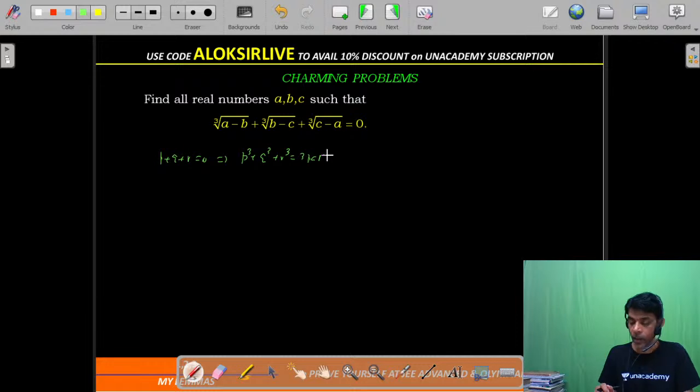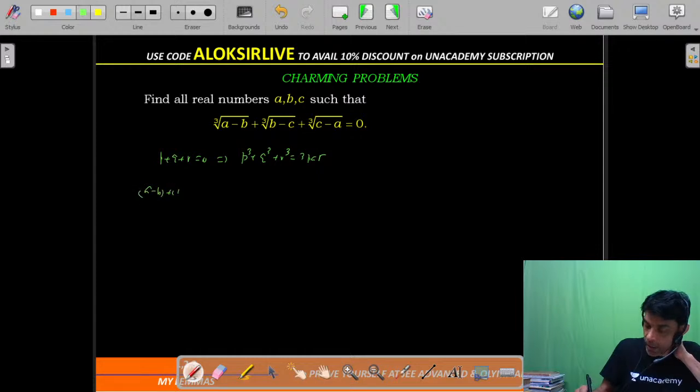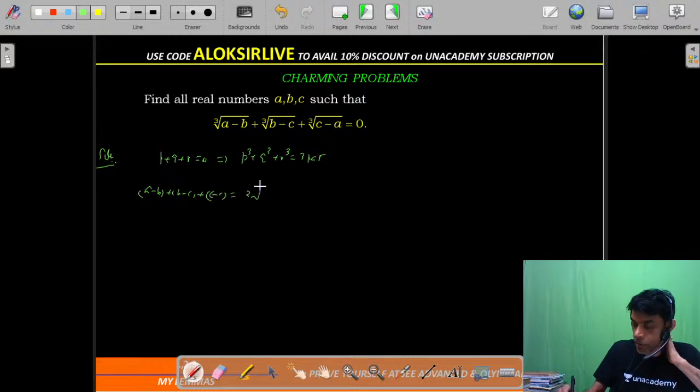Now we apply this on the cube roots. Here this is p cubed, so a minus b plus b minus c plus c minus a is 3 times cube root of a minus b, b minus c, c minus a.